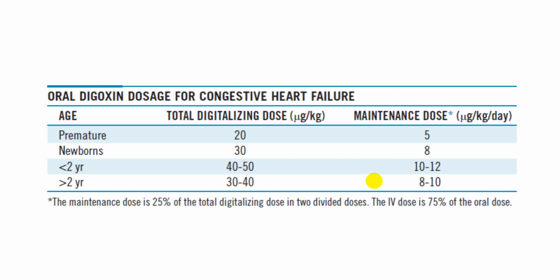After the second dose, we give the third dose, also 25% of the total dose, given IV after 6 to 8 hours, and some prefer after 12 hours. So the total digitalizing dose is divided into half or 50%, 1/4, and 1/4, and given in 3 doses.